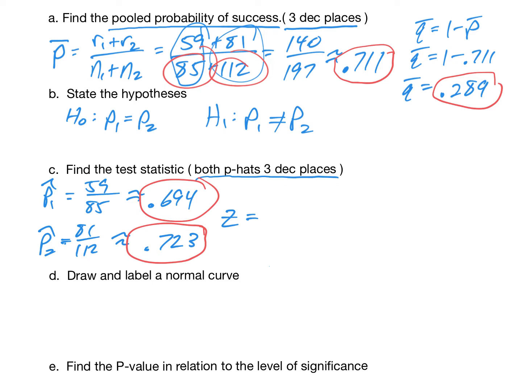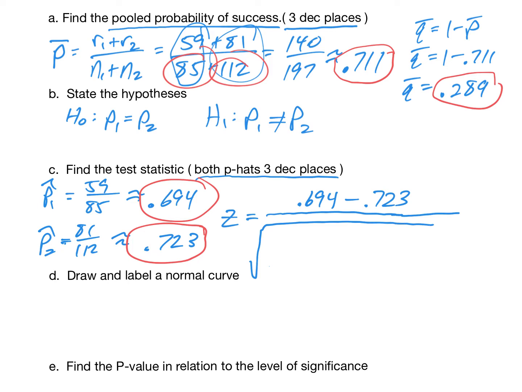Okay, so I erased everything. Let's now put our pieces in. This is our 0.694, that's our P1 hat, take away 0.723. This is going to be over a big square root.